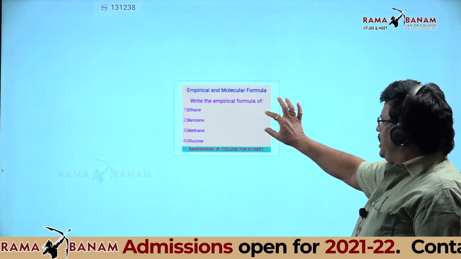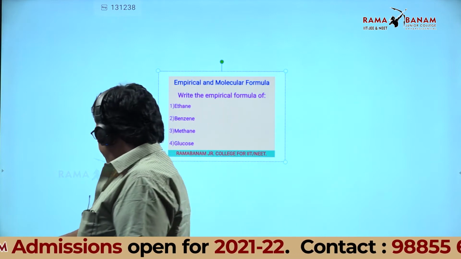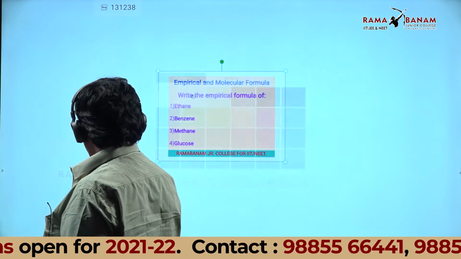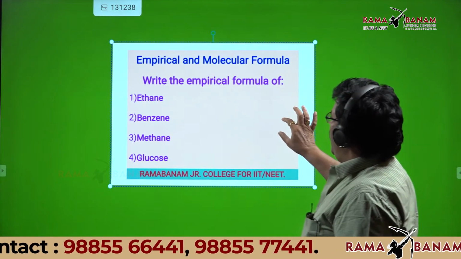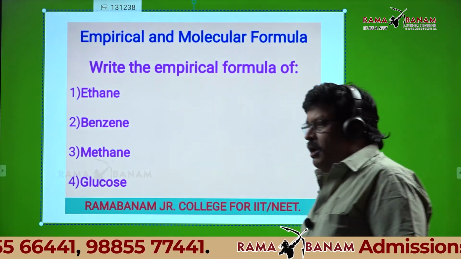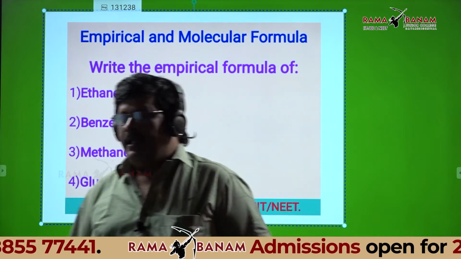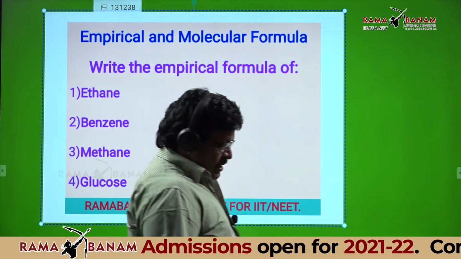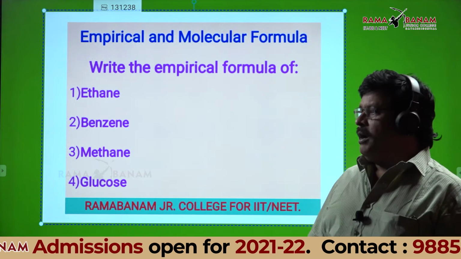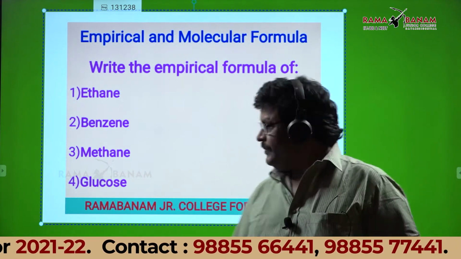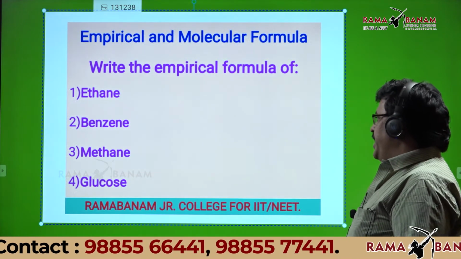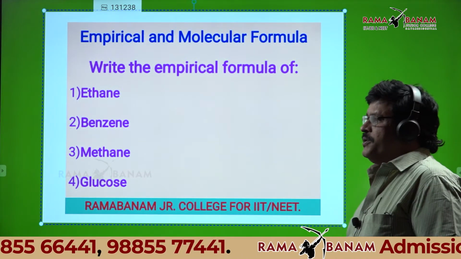And in the last class we discussed this also. I gave some compound names. If you know the molecular formula of a compound, then you can write the empirical formula. I gave ethane, benzene, methane, glucose.